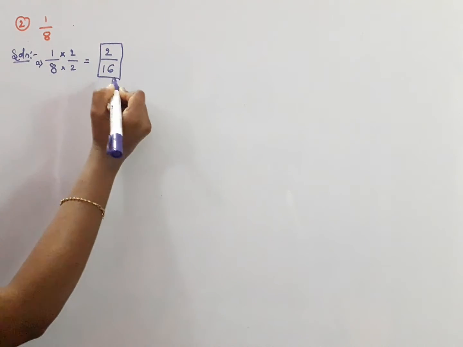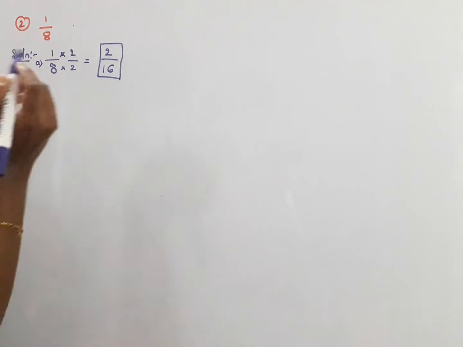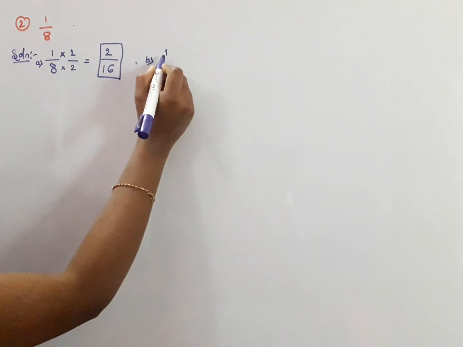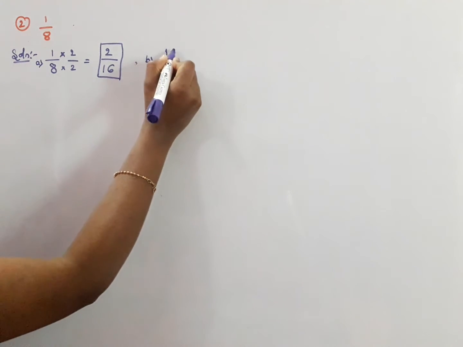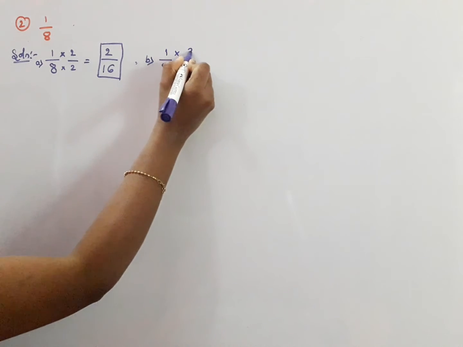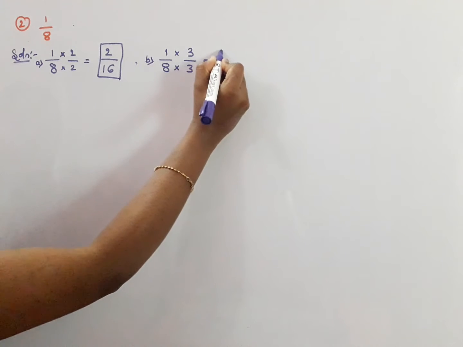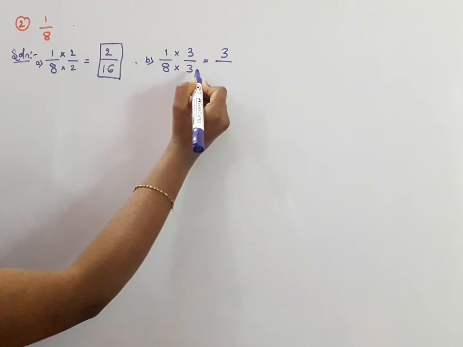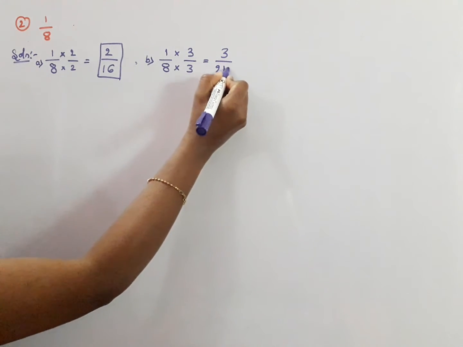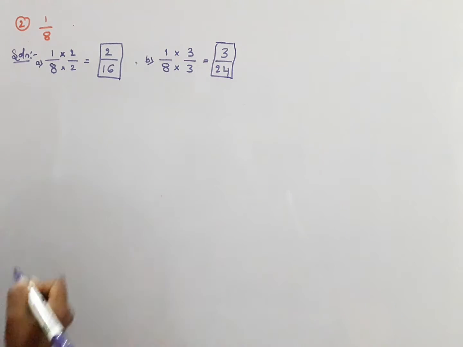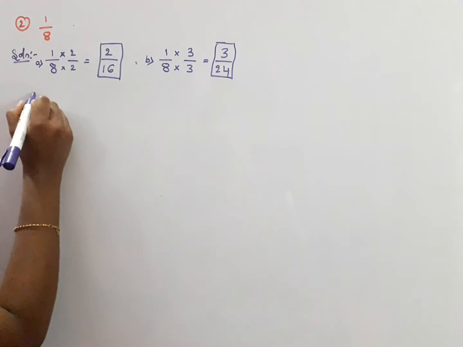This is the first equivalent fraction of 1 by 8. Then the second one, 1 by 8, multiply with 3 now. 3 ones are 3, 8 threes are 24. This is the second equivalent fraction of 1 by 8.